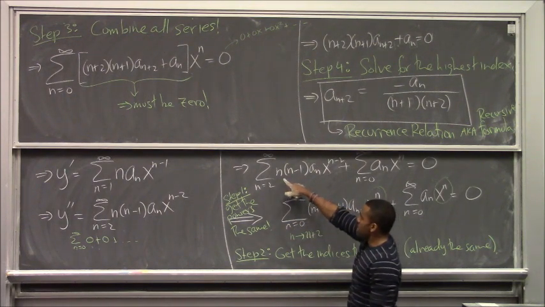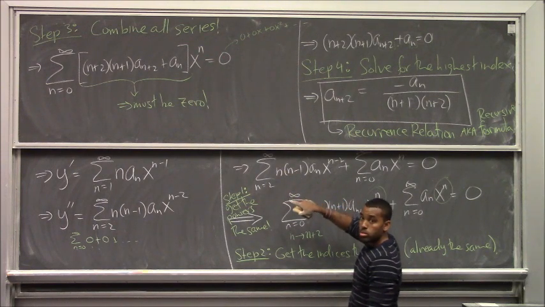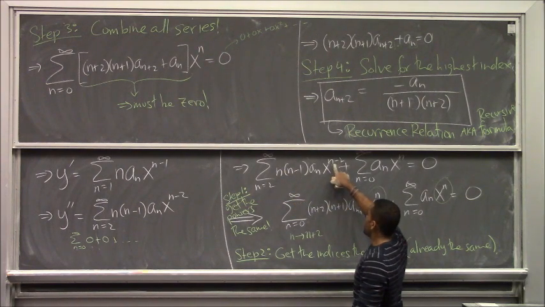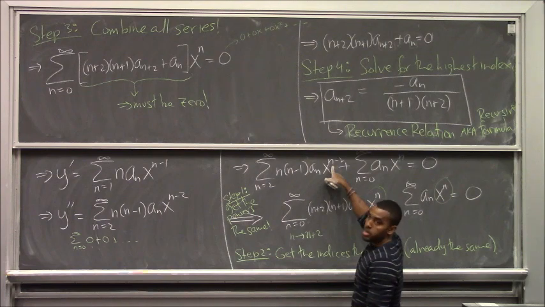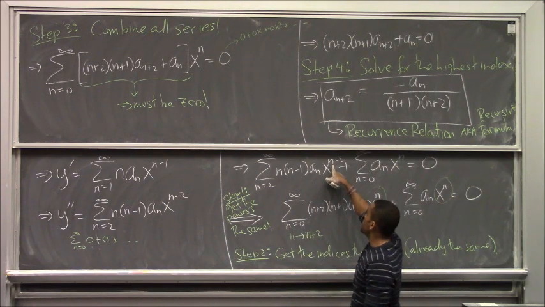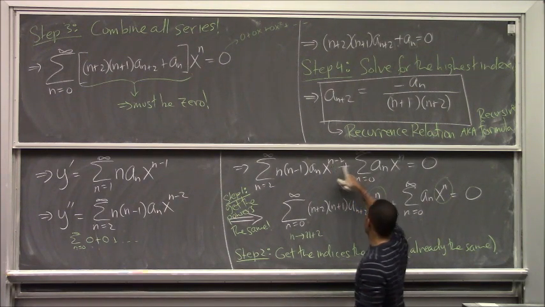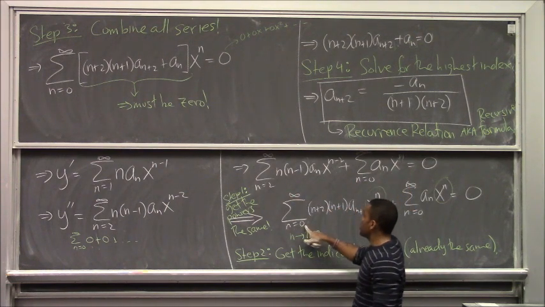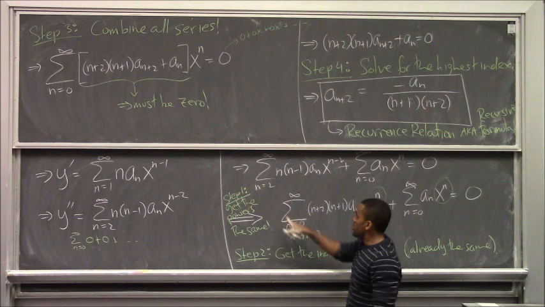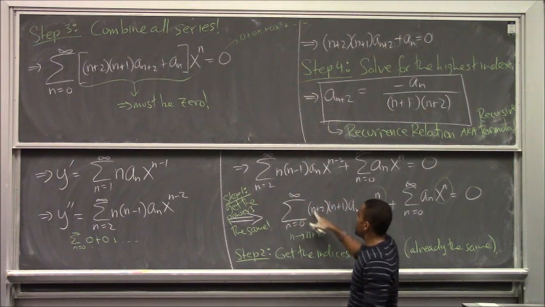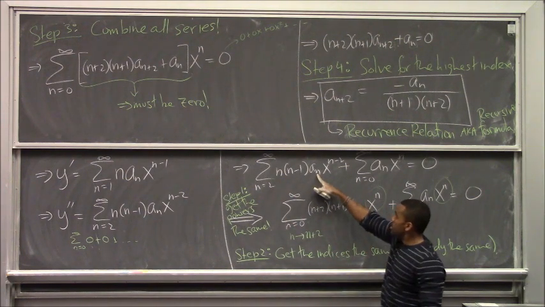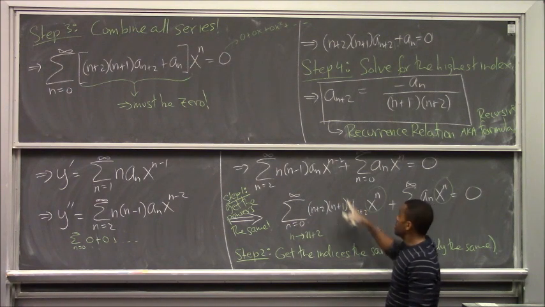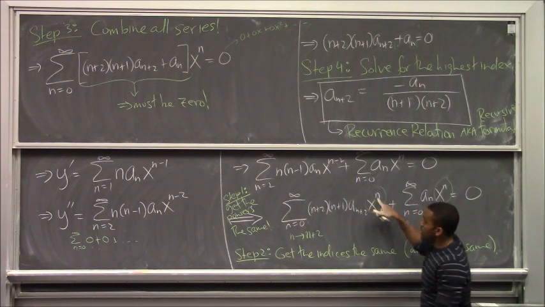I literally went everywhere I saw n and wrote n plus 2. I did that because I want the n minus 2 to become an n. So n plus 2 will kill the minus 2 and create an n. So I can shift everyone 2 spaces over. This one gets shifted to 0, this gets shifted to n plus 2, that gets shifted to n plus 1, this a_n gets shifted to a_(n plus 2), and the n minus 2 gets shifted to n.